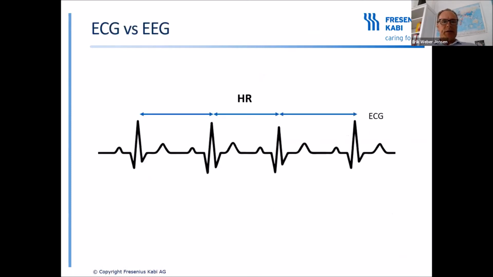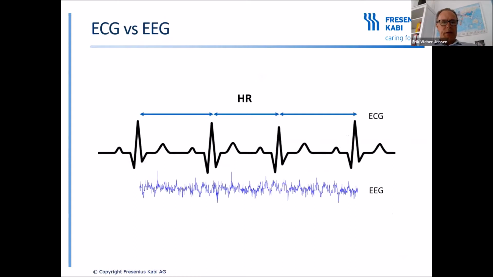If we compare the electroencephalogram with the electrocardiogram, we can see that the amplitude of the electrocardiogram is much bigger than that of the EEG. That means it's also easier to extract a heart rate or a complete electrocardiogram from the ECG than extracting features from the EEG.